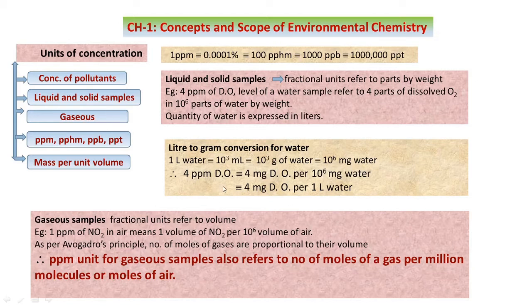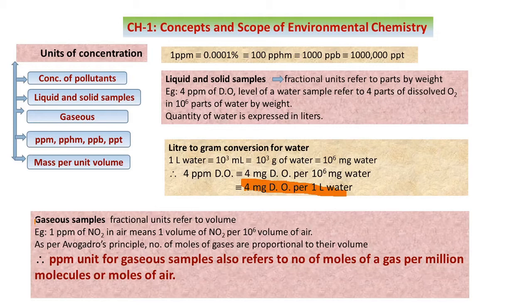So 4 ppm of dissolved oxygen is equivalent to 4 milligram of dissolved oxygen per 10 raised to power 6 milligram of water. That means it is 4 ppm of dissolved oxygen per 1 liter of water.